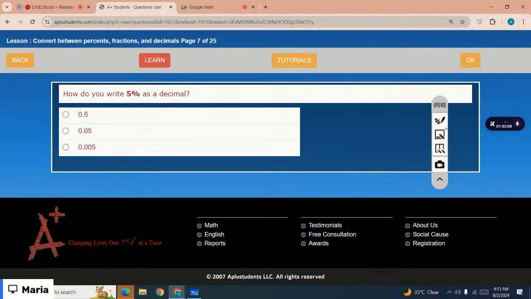Yes, that is 0.05. Option number 2 is the correct option. Okay, you can complete the lesson by yourself later today. Let me just move on to the next lesson.